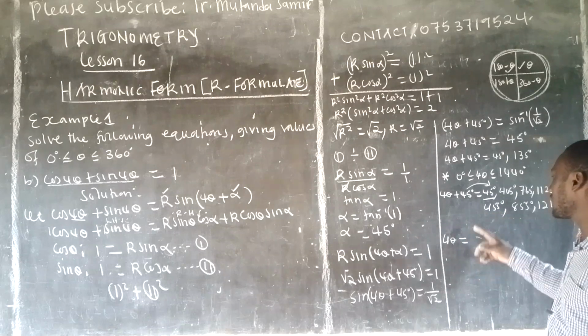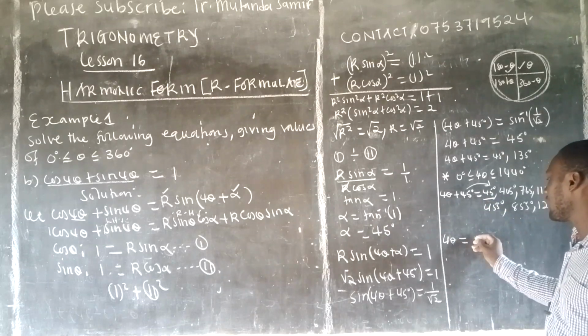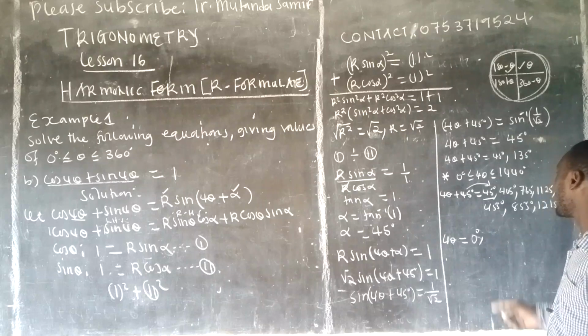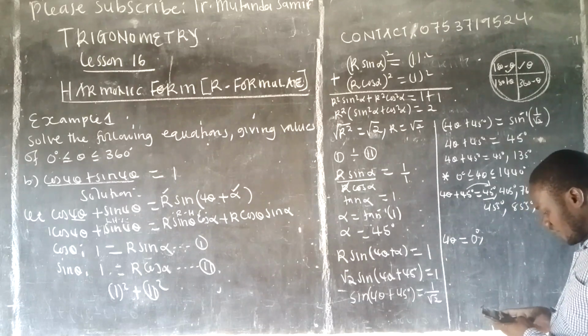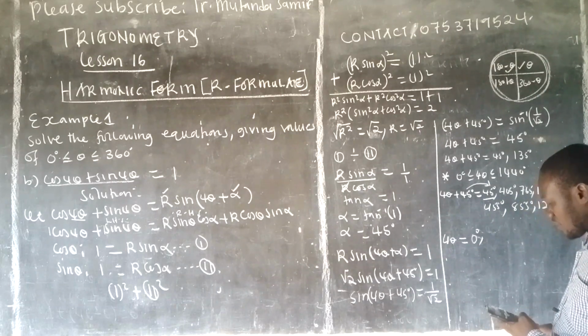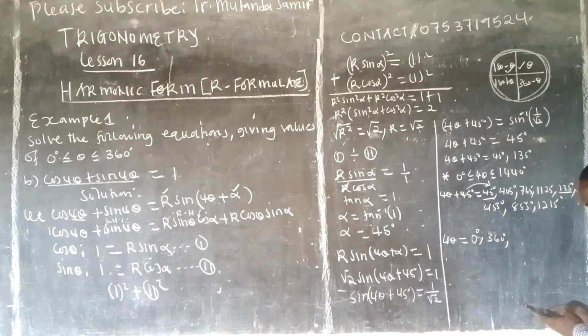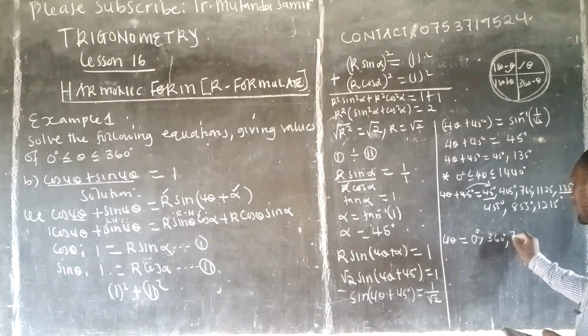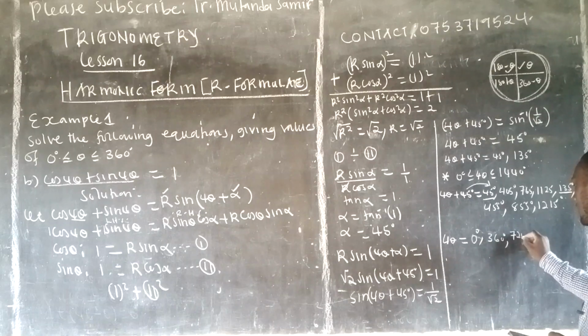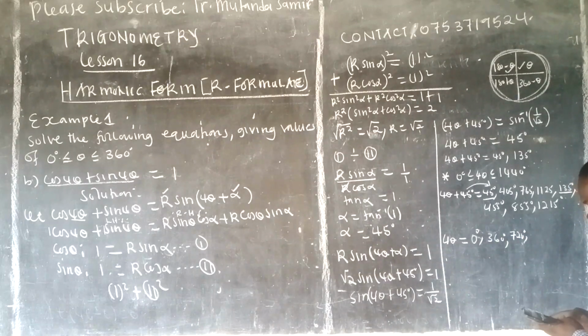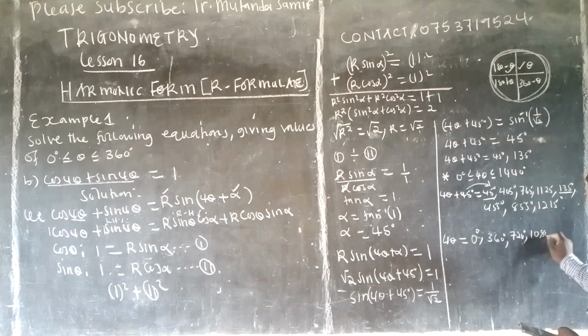I will not write it because we don't have enough space, but it will be 45 minus 45, that will give us 0, comma, 405 minus 45 will be 360, comma, 765 minus 45 will be 720 degrees. 1,125 minus 45 will be 1080.